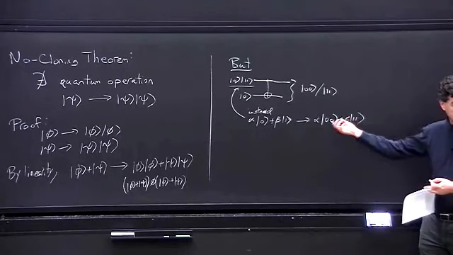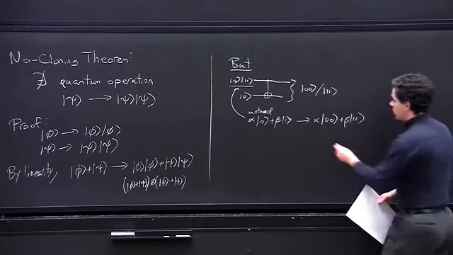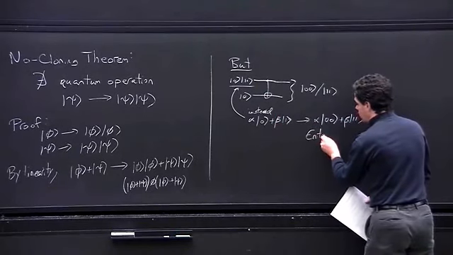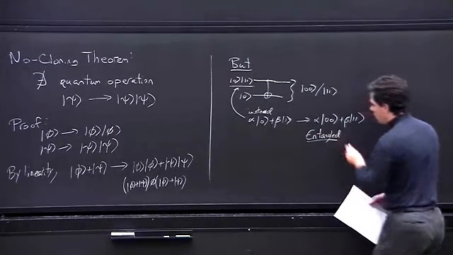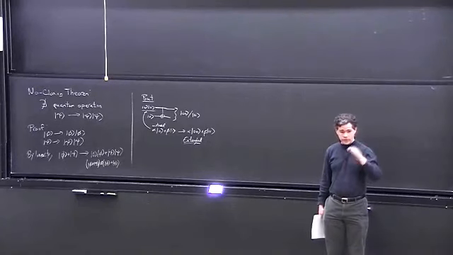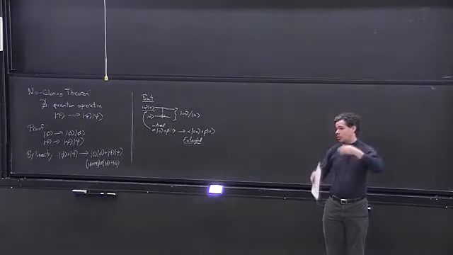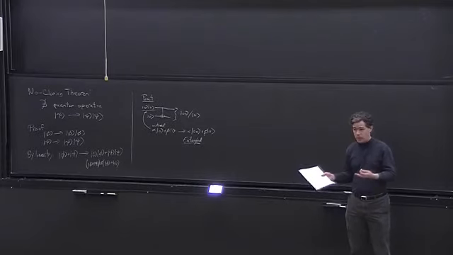It's not the tensor product of two copies of this thing. So that's the general phenomenon here: it's perfectly fine to copy in a single basis, but when we try to extend to superposition states, we get entangled states out of this copying. OK?